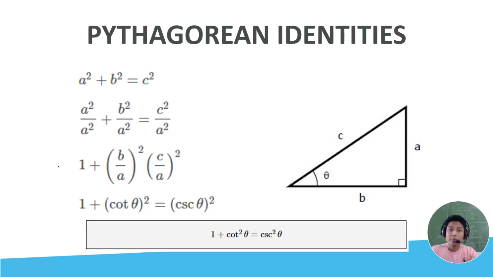These trigonometric identities will be useful in simplifying long equations that have trigonometric functions. Some problems that have trigonometric functions are difficult to solve, especially in determining some variables.